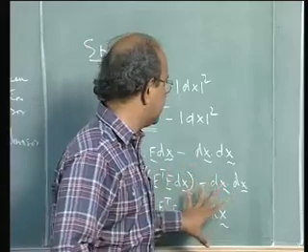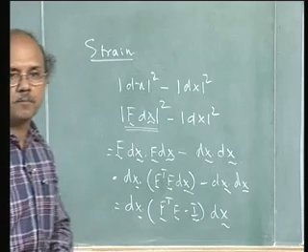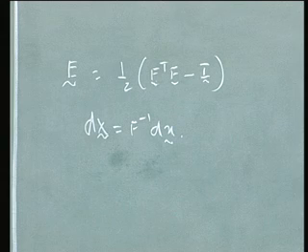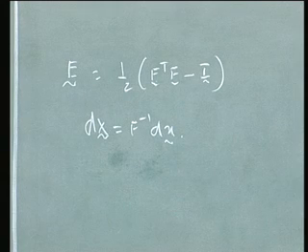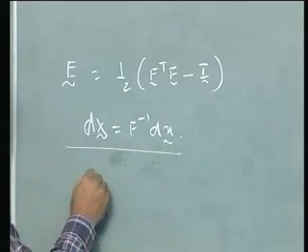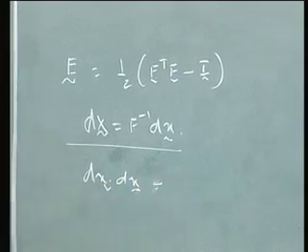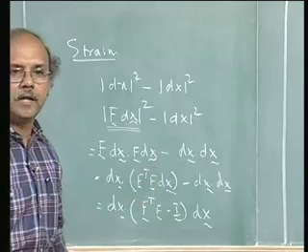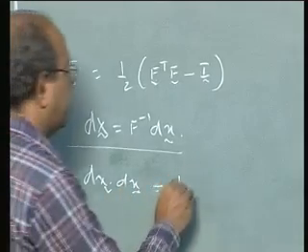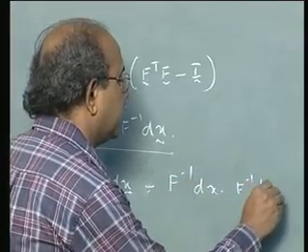Before that, let us look at the same expression in terms of small dx. So what do you do? Simple. Keep this small dx so that the expression can now be written as dx dot dx minus dX squared, which can be written as F inverse dx dot F inverse dx.